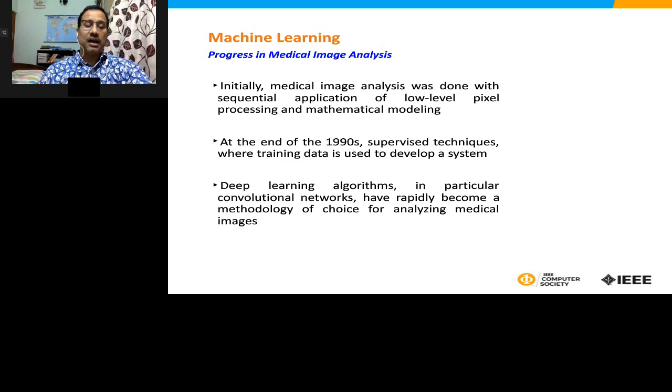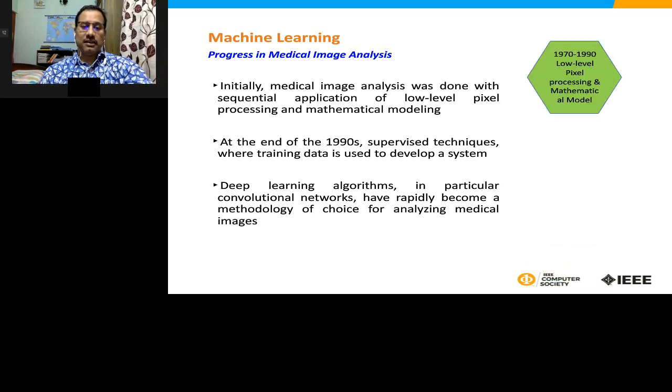Deep learning gives a very good way of not using the features which have been collected and then passed on to the classifier. Rather, deep learning strategies can extract the features itself and can build a very well-tuned classifier which can perform very complex tasks. And that is not possible in many of the conventional machine learning algorithms. So this is the scenario.